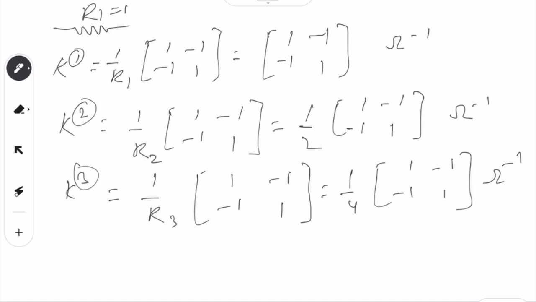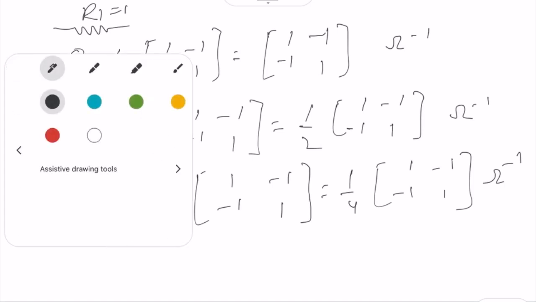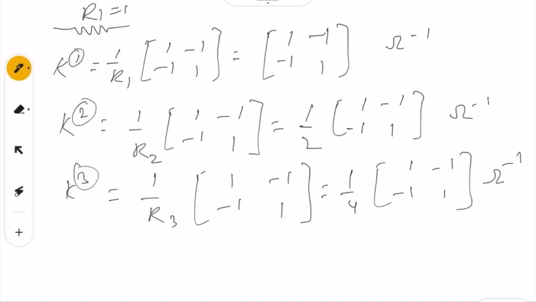We have local numbering here, right? Local numbering means this is 1 1, this is 1 2, this is 2 1, this is 2 2. So 1 2 1 2 is local numbering, here also.